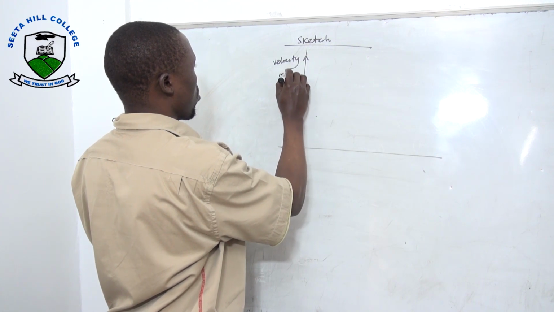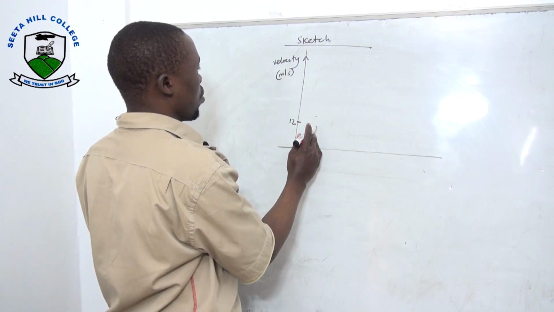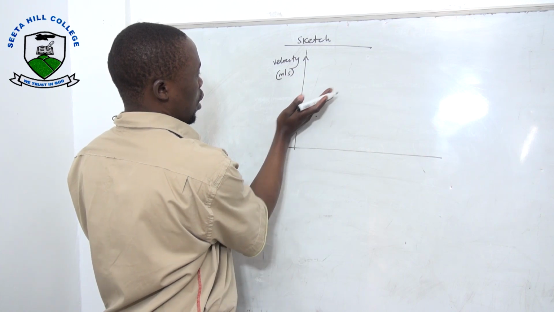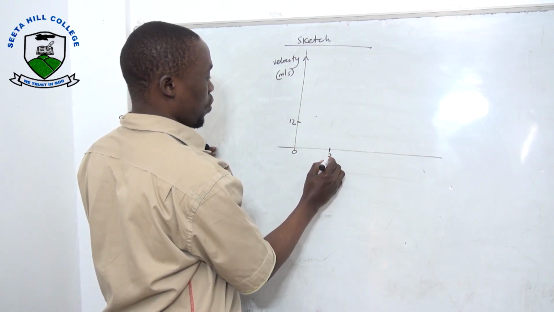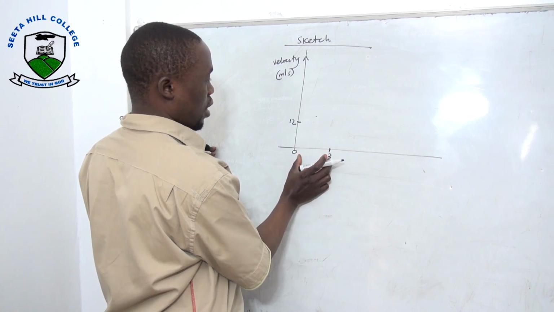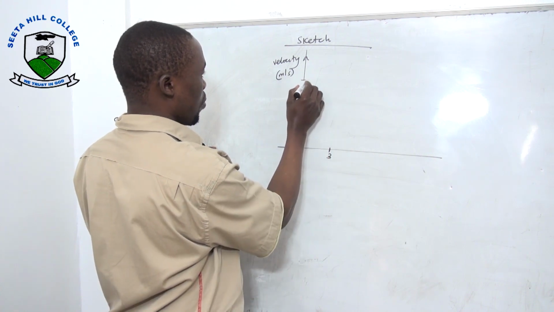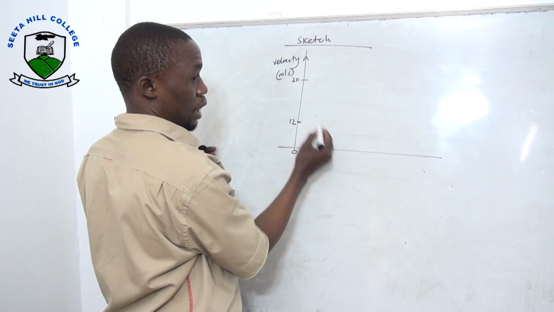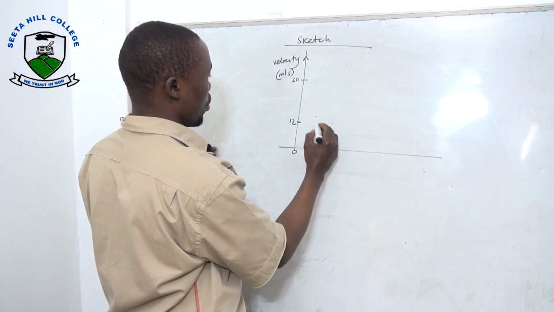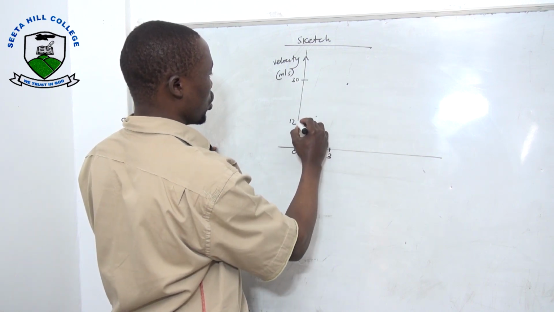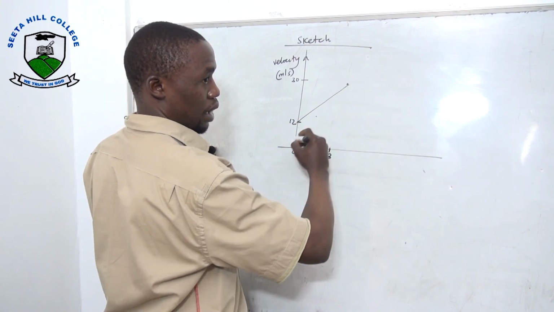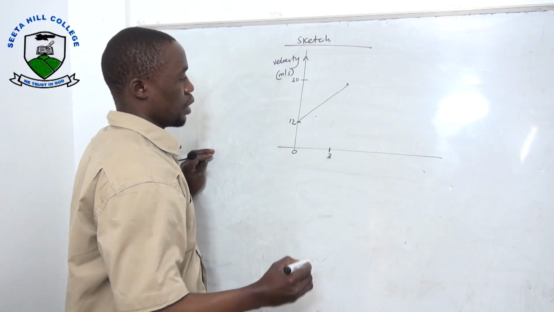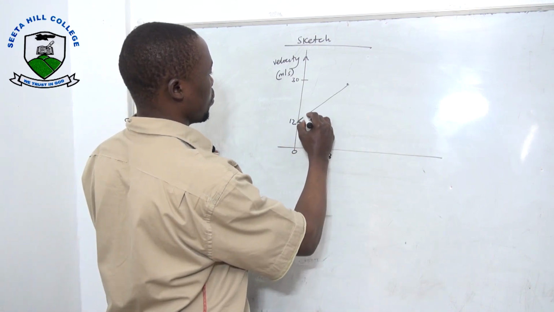Continue. Accelerates uniformly and in 3 seconds its velocity is 30. In 3 what? 3 seconds. Its velocity has become 30 meters per second. That means because we say to accelerate, the graph must slant like that, not so? Yes. Okay, go ahead.